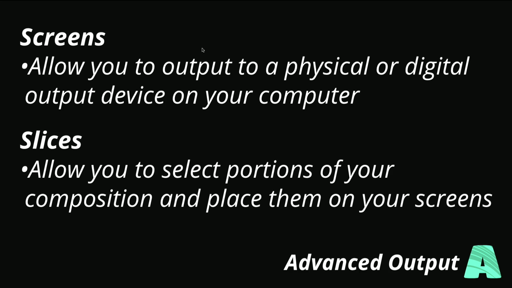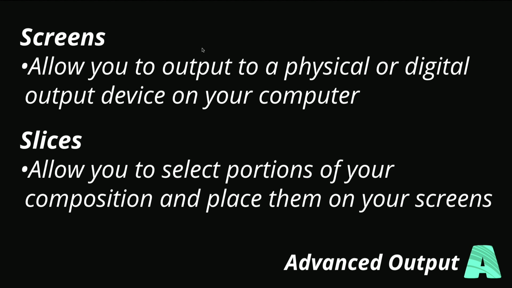Maybe we want just that one group I talked about, those first 4 layers in that one layer group, to go to our screens. We can use a slice to say, hey Resolume, only take what's coming out of these 4 layers and send them to this screen. And then for pixel bars, only take what's coming out of these 2 layers and put them on pixel bars.